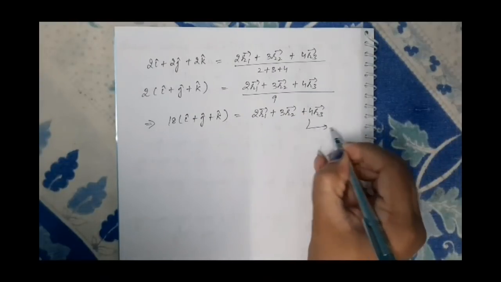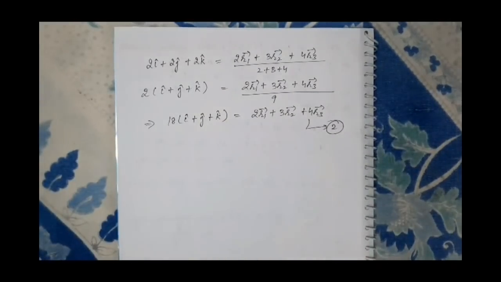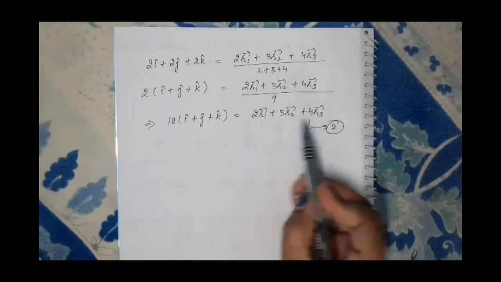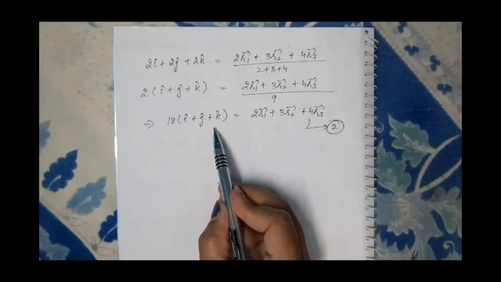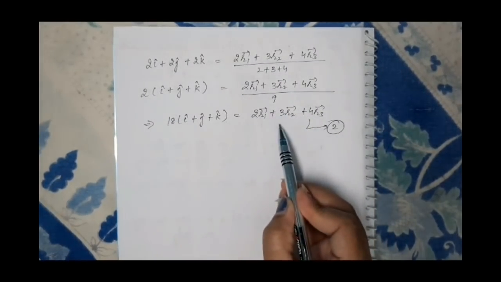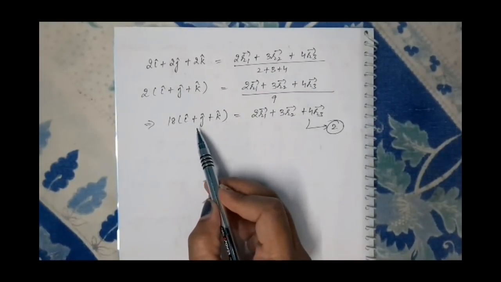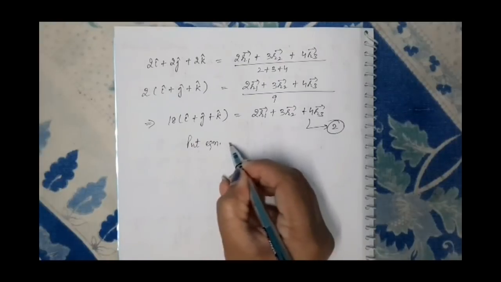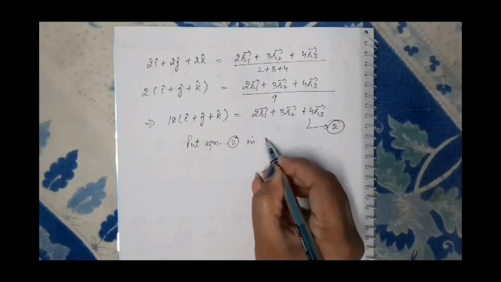And suppose this as equation 2. Now the value of 2r1 plus 3r2 plus 4r3 is this, and we will put this value in equation 1. Put equation 2 in 1.